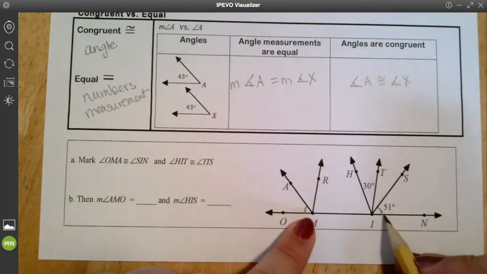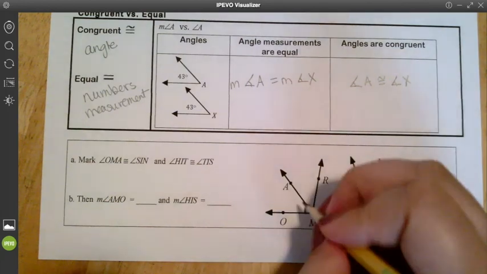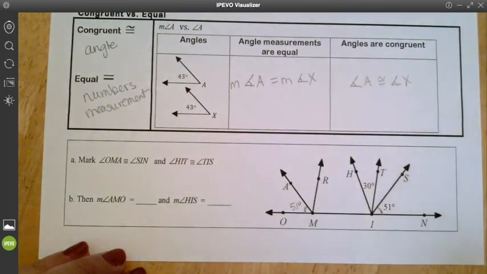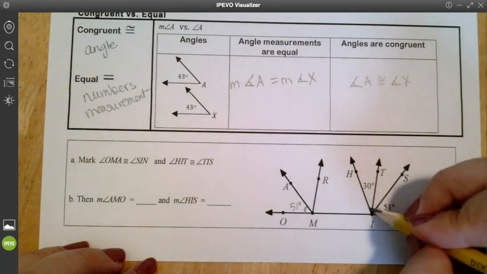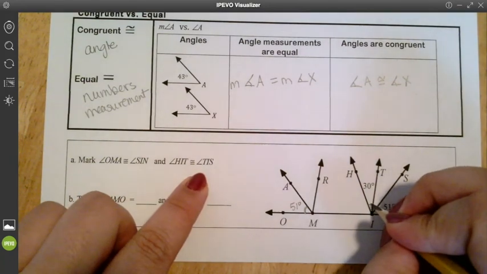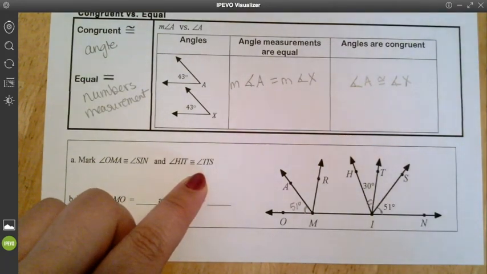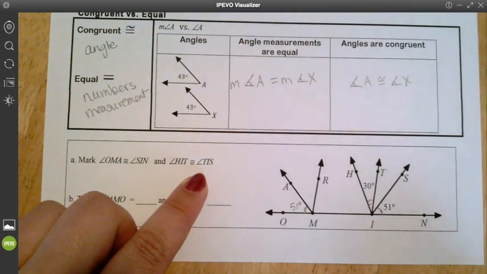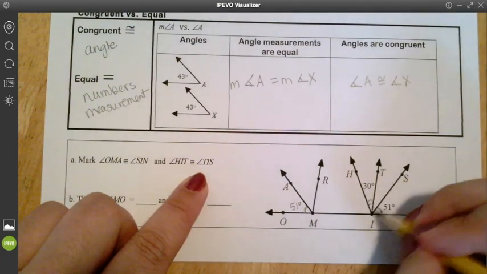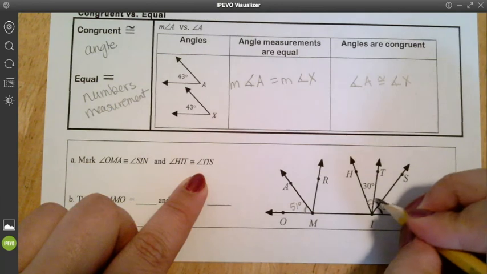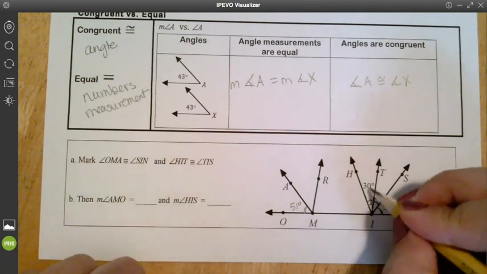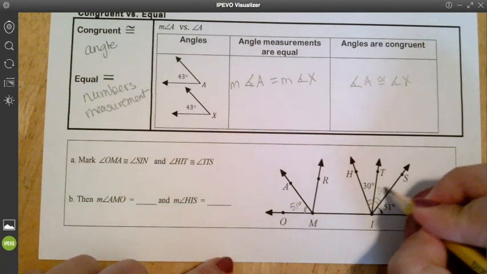If those two are congruent, then their angle must be the same, so this must be 51 degrees. HIT is congruent, now it's not congruent to the ones we marked before, so just like we put 2 tick marks, now we put 2 angle marks. Congruent to TIS, so here we're going to put 2 angle marks. If they're congruent, their measurement is the same, so this is 30 degrees.